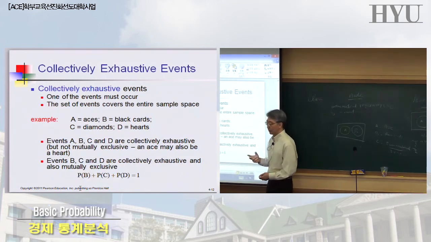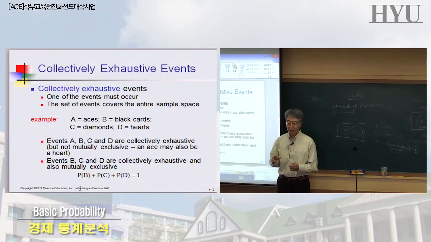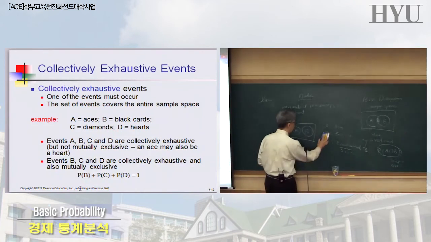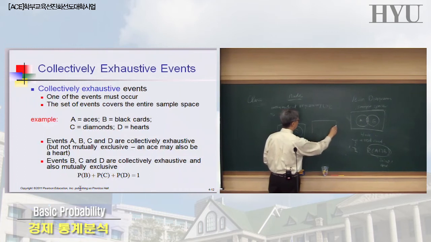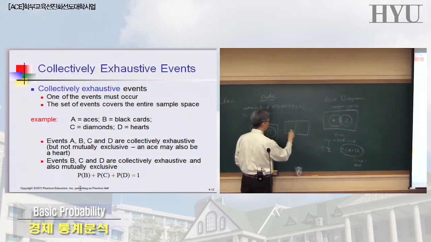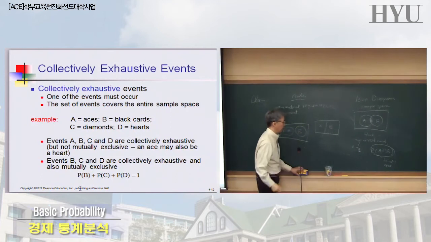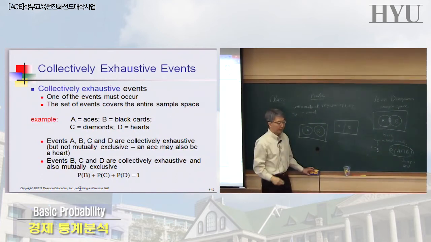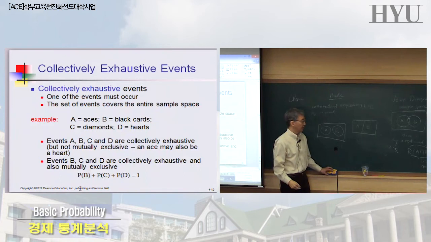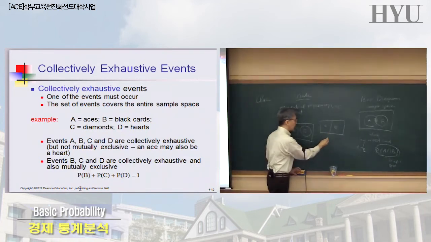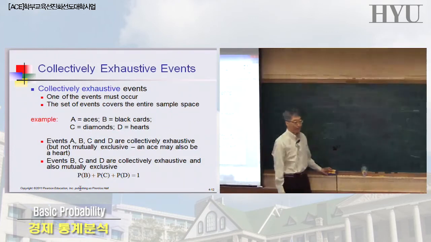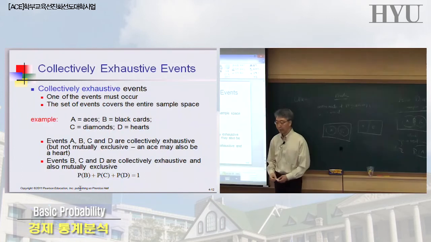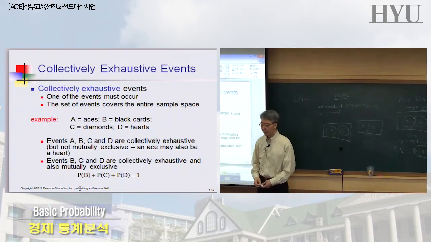If you have two events, the two events will cover the entire area, something like A and B. There is no other area that is uncovered by these two events. So between A and B, they exhaust all possibilities. There is no other possibility left uncovered by these two events.